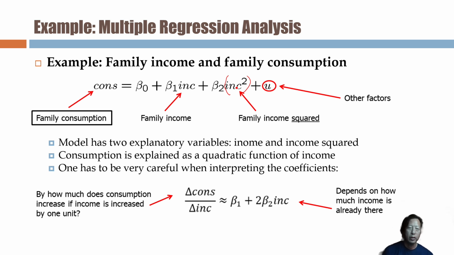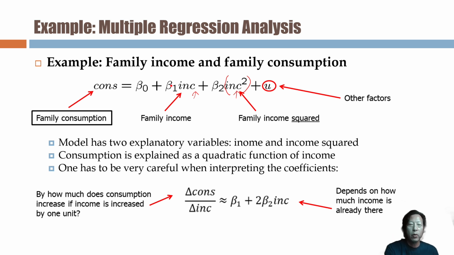And then, how much does the consumption increase if income is increased by 1 unit? But the problem is, when income increases, income squared also increases. Remember, beta 1 is the effect if we can hold all other factors fixed.